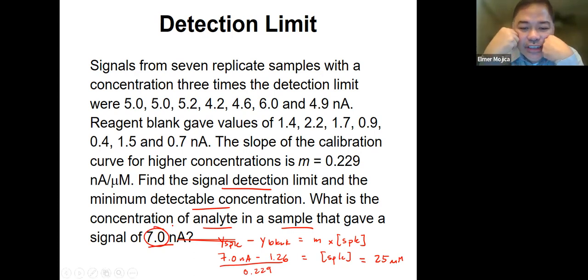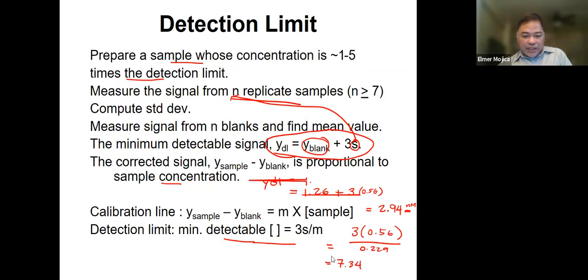So kapag may signal ka na 7 nanoampere, that means it corresponds to a concentration around 25 micromolar. And that is quite high because yung minimum natin dito is around 7.34. Okay?